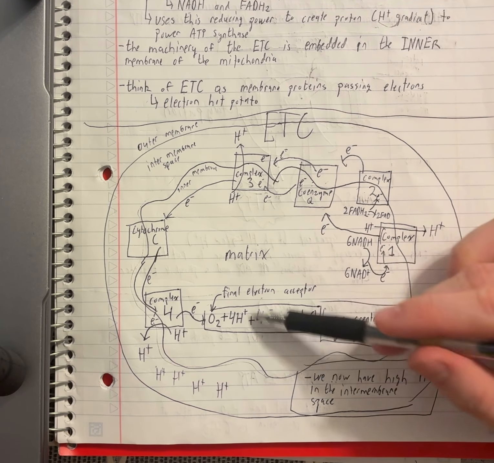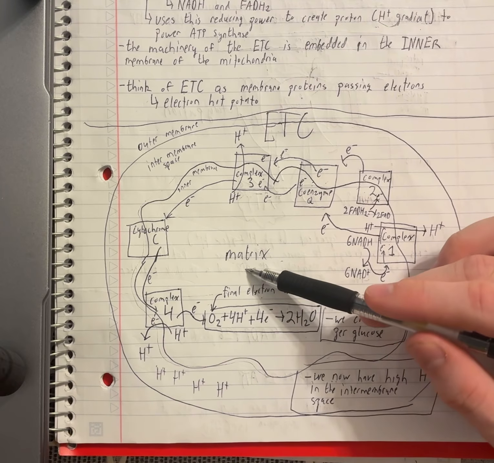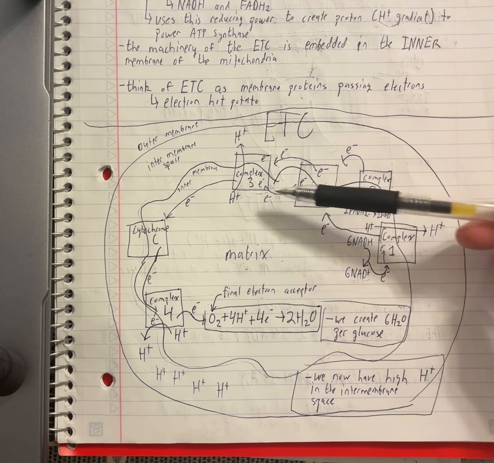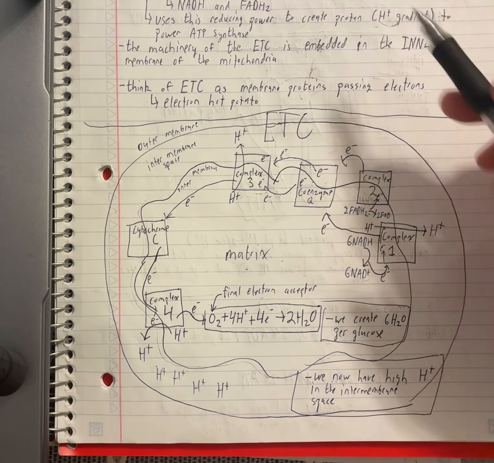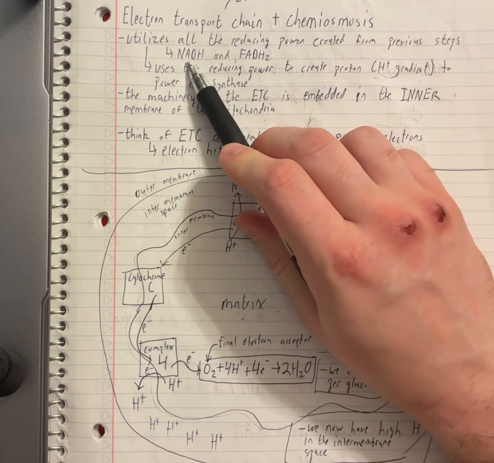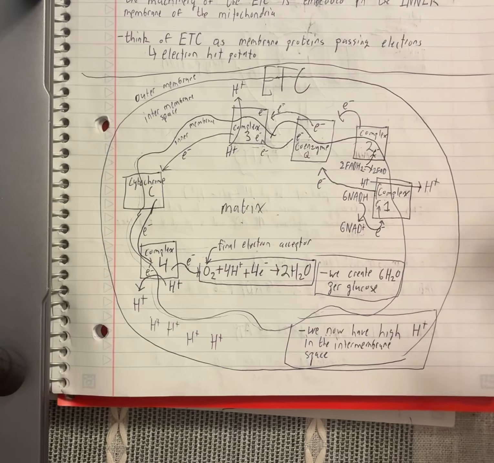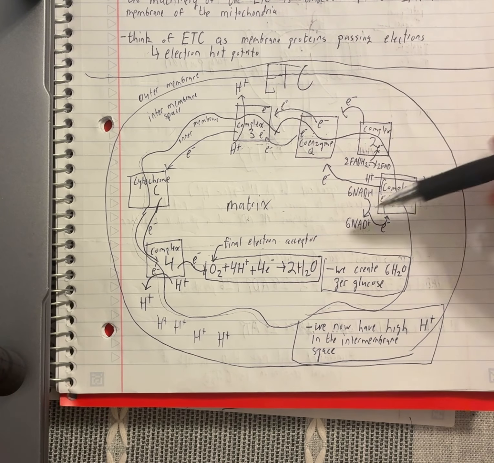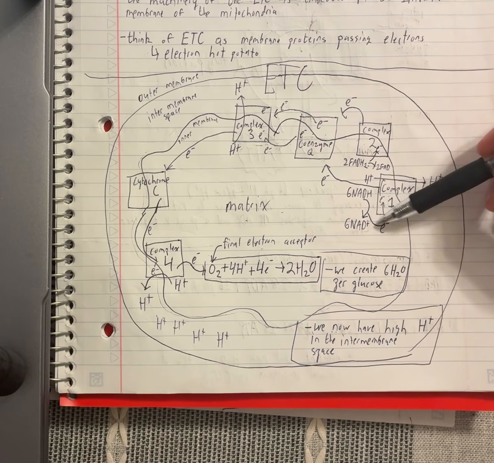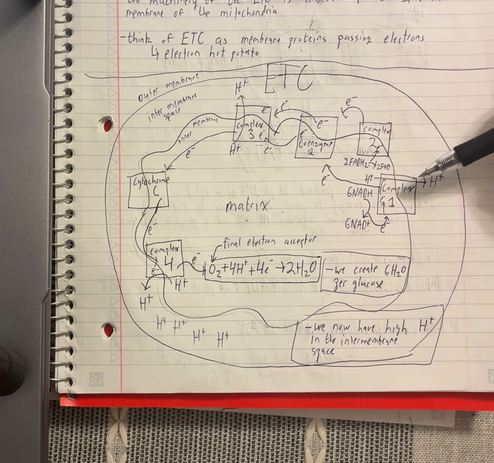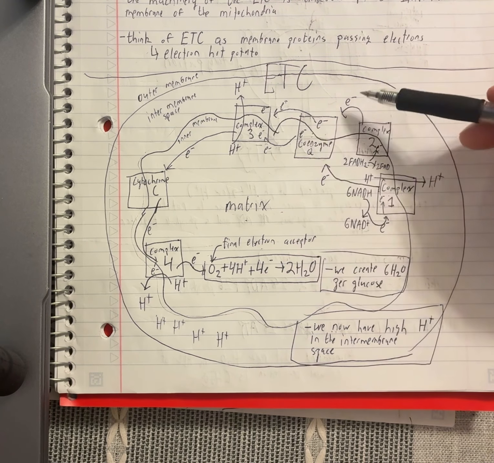Remember, all in the mitochondrial matrix, we did the pyruvate oxidation and we did the Krebs cycle, and we have just been producing a ton of NADH and FADH2. And remember, I've been saying that the reason we've done that is so that they can donate their electrons to the electron transport chain.